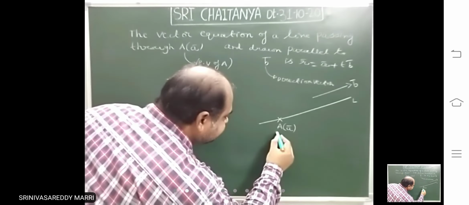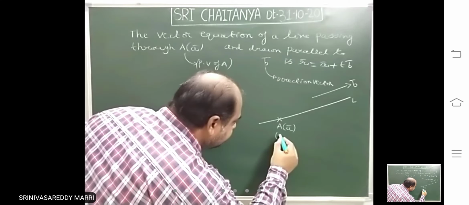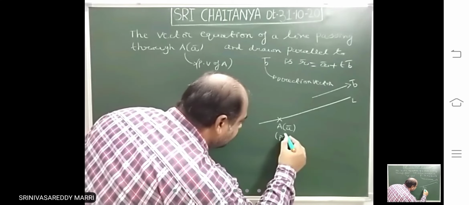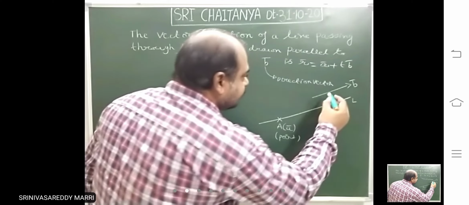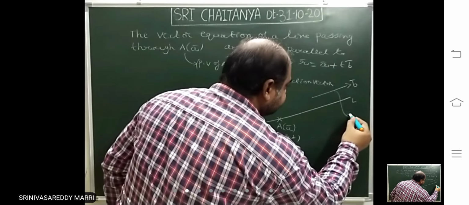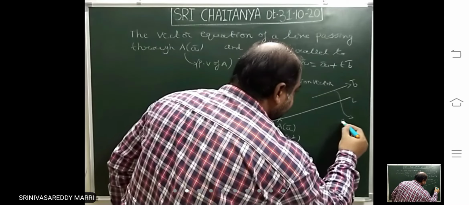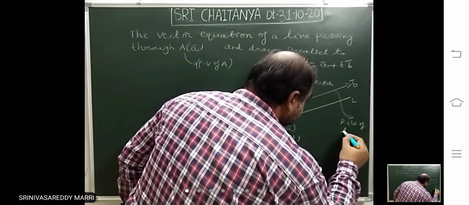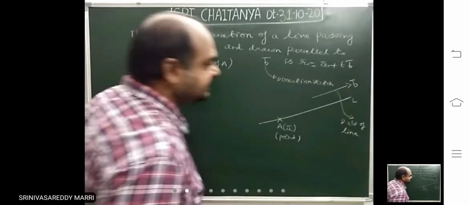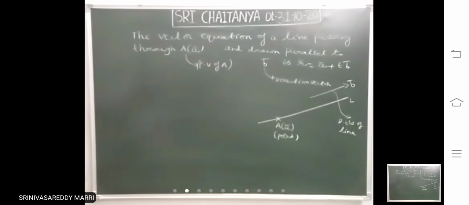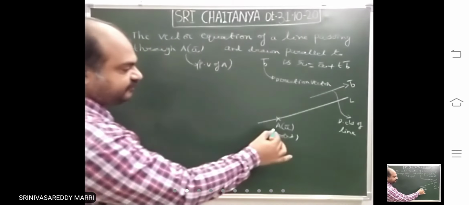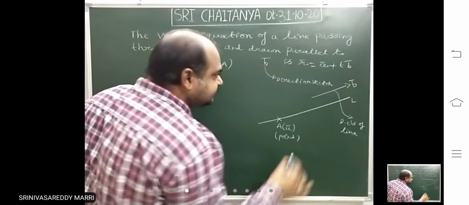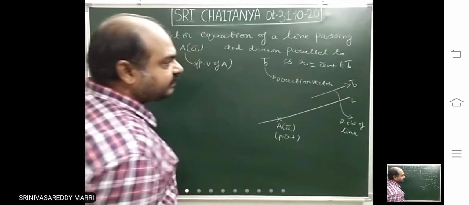So you have to know the point coordinates, and this is nothing but the DCs of the line. Vector means the DCs of the line. That means if you know a point and the DCs, then you can write the vector form like this.